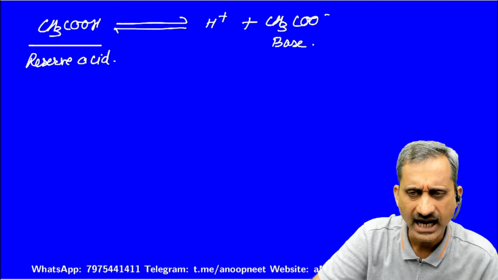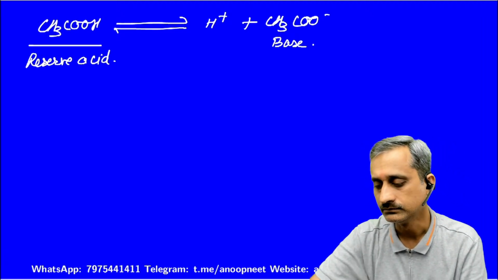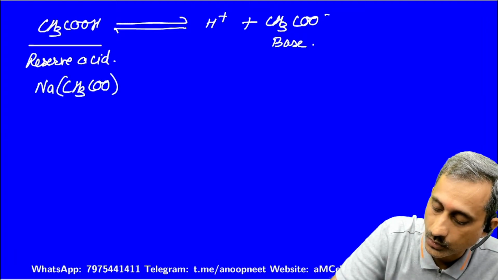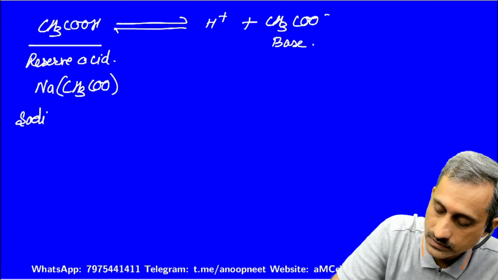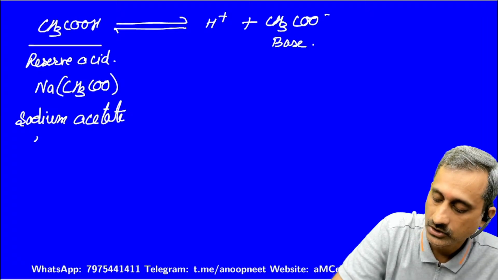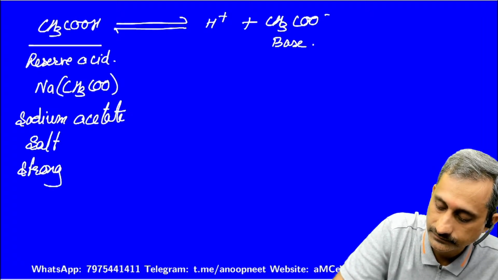Now where do we add the reserve base in it? एक काम करते हैं, इसके अंदर हम डाल देते हैं NaCH3COO, यानी कि सोडियम acetate. Now sodium acetate is a salt. It's a strong electrolyte.